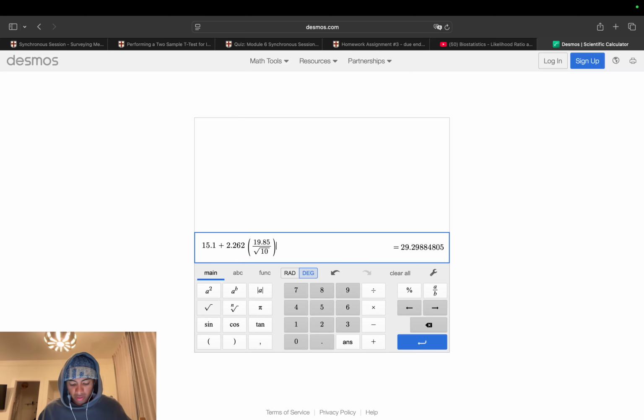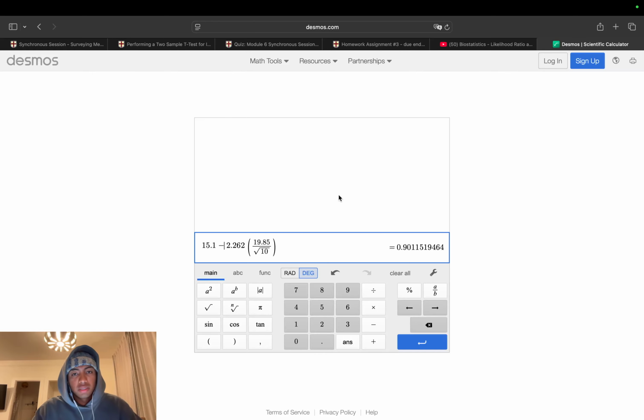On the latter half we've got 29.299. And then our minus is going to be 0.901.